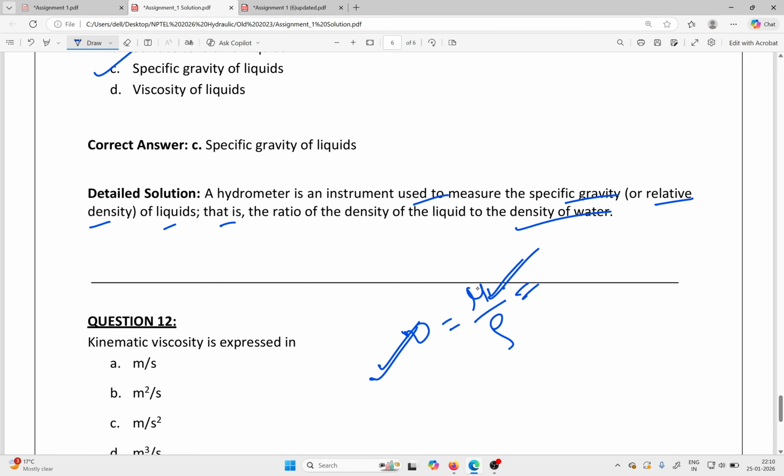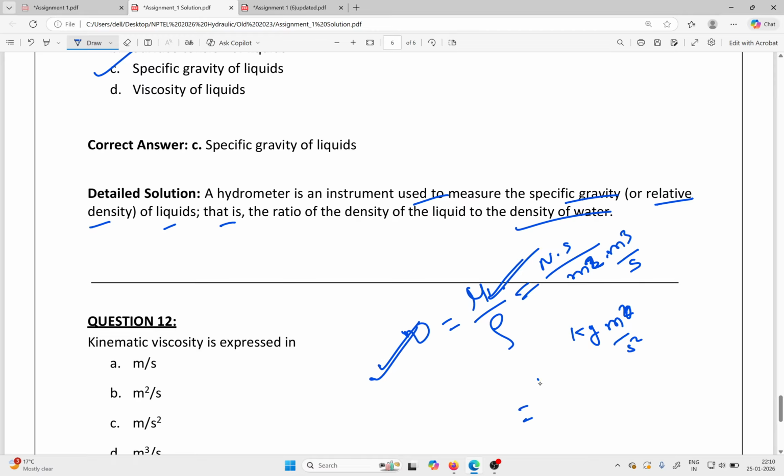We have already calculated the dynamic viscosity, its unit is Newton second per meter square, and rho is kg divided by meter cube. So what is Newton? Newton is kg meter per second square, that is mass into acceleration.